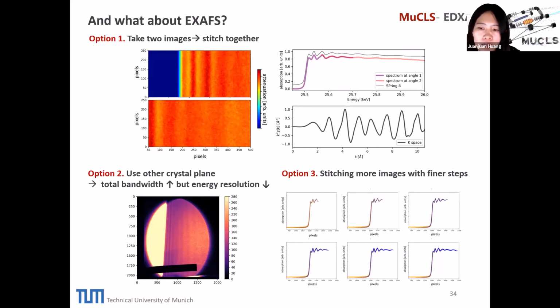The second way, as I mentioned before, as XAFS doesn't require as high energy resolution as SIMS, the total energy range can be extended by using another crystal plane, for example, silicon 111. And the third way is to keep rotating the crystal in finer steps, and more images with different energy ranges can be stitched together. So using these methods, we are able to measure both SIMS and XAFS.